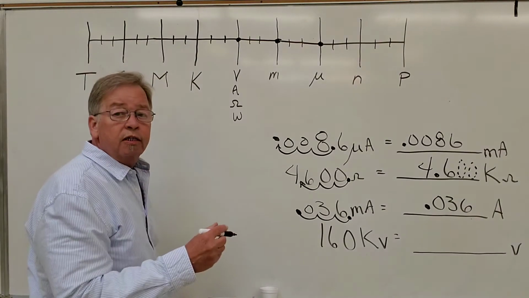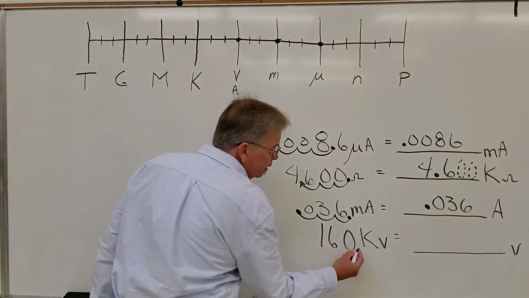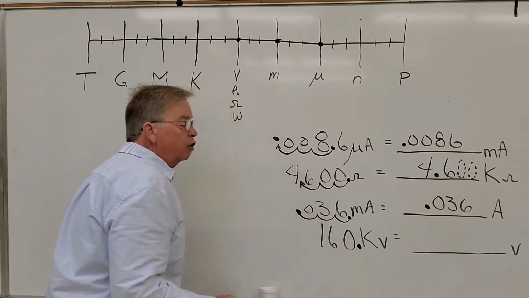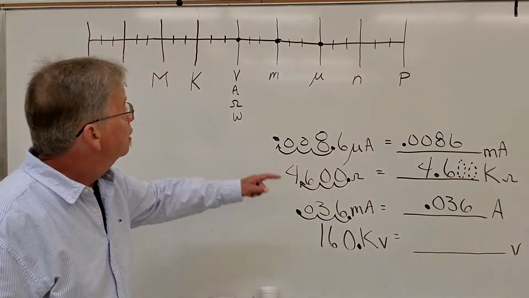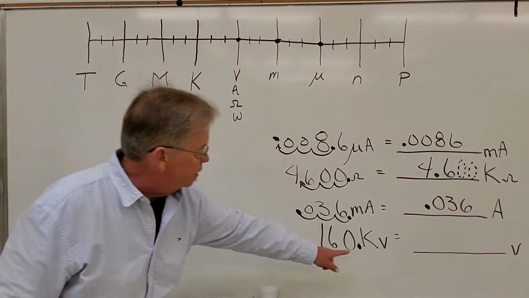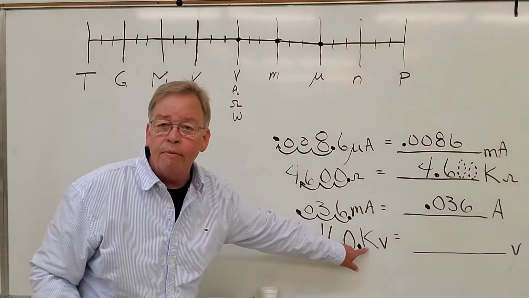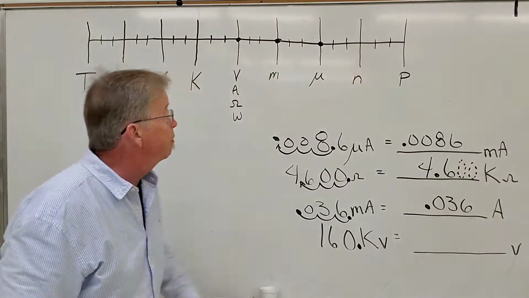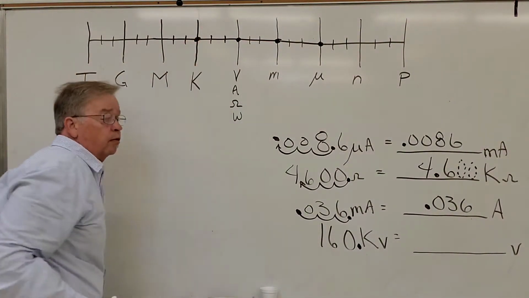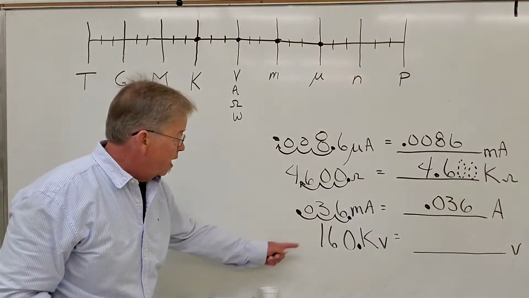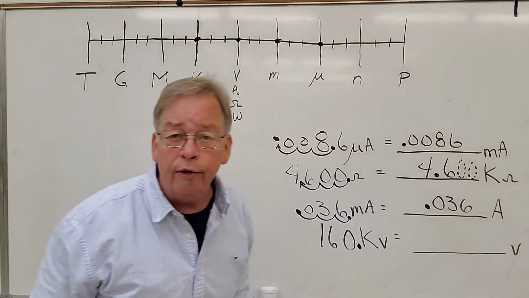We know that the decimal point, again, falls at the end of the value if there's not one. So I'm going from kV to V. So that means that decimal point is sitting on my number line on the K spot. So that decimal point sitting right there on the K spot, and I got to move it to the regular V spot.